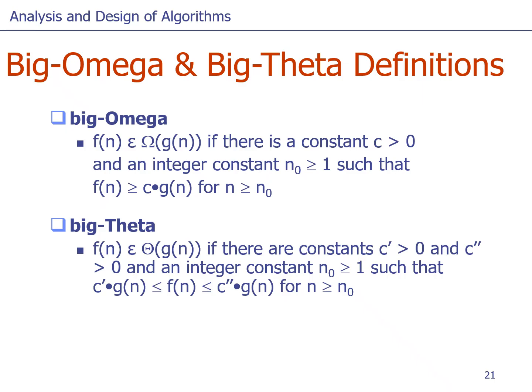Okay? So if we have talked about big O being the worst case, obviously this is going to be the opposite of that. This is the best case, because we are talking about g of n that is less than f of n. So it's the best thing you can do, okay? Because if you remember from the curve, the y-axis was the number of operations or steps you're going to do. So if you are talking about the curve that's below f of n, then the number of steps is going to be less.